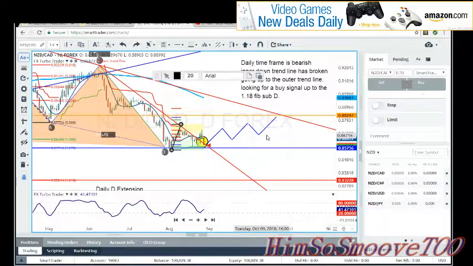But now as a precision trade, we're going to want to sell a counter trend line break at the extension.